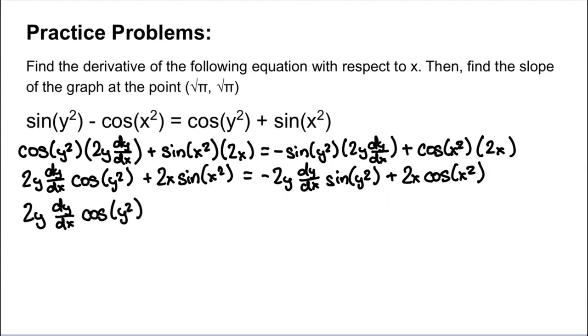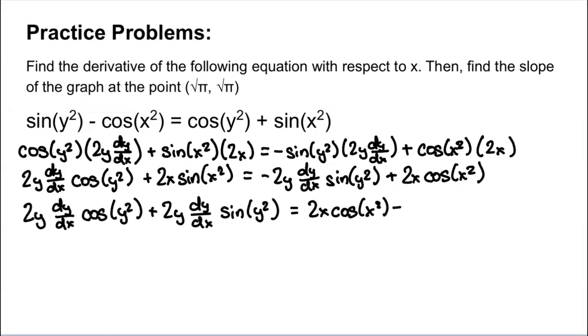Now we're going to add the 2y dy dx term over here, plus 2y dy dx sine y squared is equal to 2x cosine x squared minus 2x sine x squared.